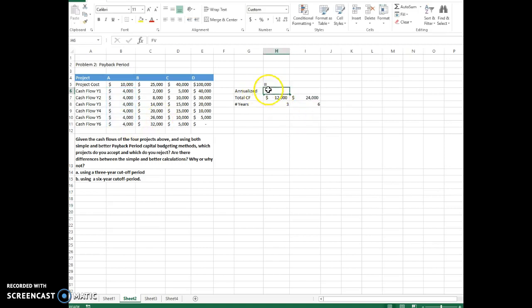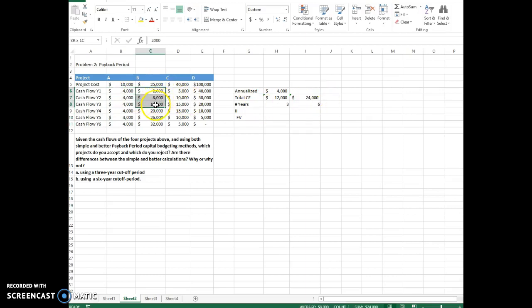So the FV in this case, let me move these down. So the annualized amount for 3 years of that equals the total cash flows for those years divided by 3. In this case, it's going to be 4,000 because it's the same amount every year. So the average is going to be the same.